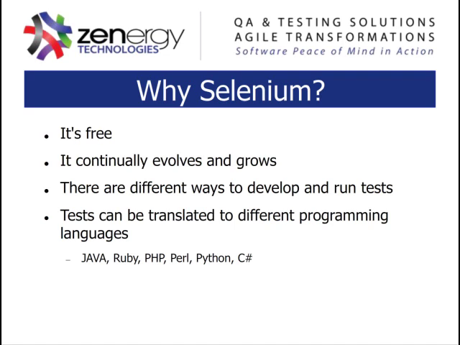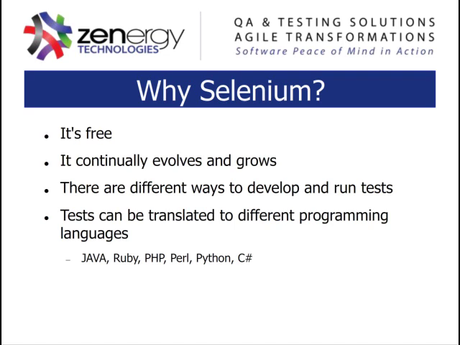And a big one here is that the tests can be programmed using different languages: Java, Ruby, Python, C#. My advice here is that we typically try to stick with Java and Ruby. The main reason we like to stick with those two languages is because they have the biggest user communities. The bigger the user community, the less coding you have to do to get some of the features you need.